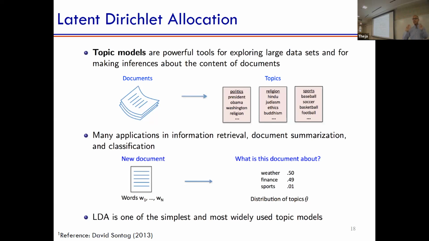And what are these topics? These topics are essentially like cluster labels, and we don't predefine them. They are exactly what you think of. One topic could be politics, another religion, another sports. Topics are what you naturally interpret them to be, so every document is some combination of these topics. This is a completely unsupervised problem, just like clustering.